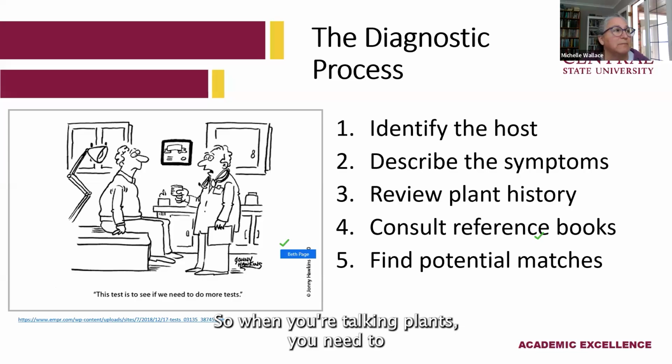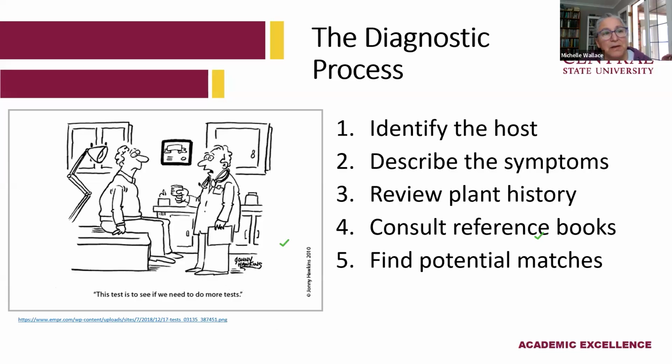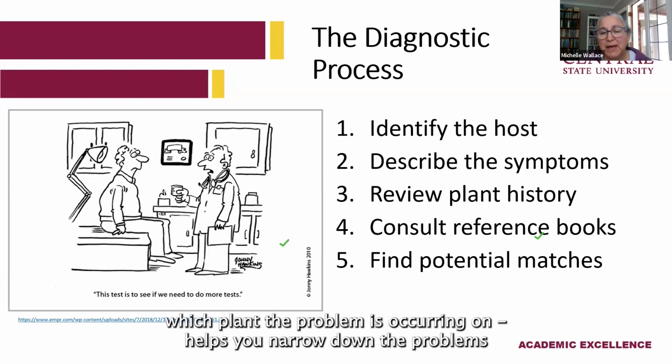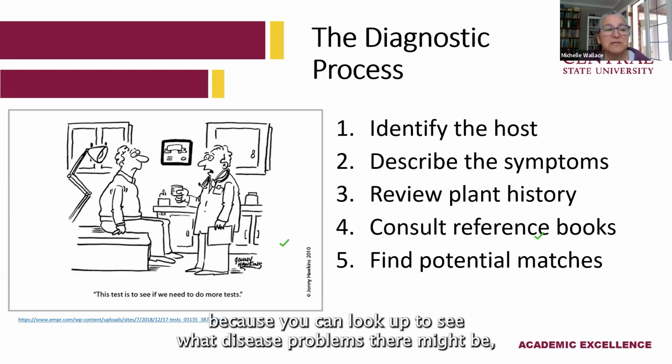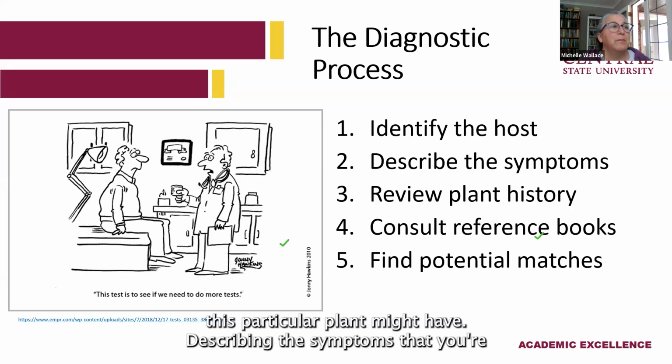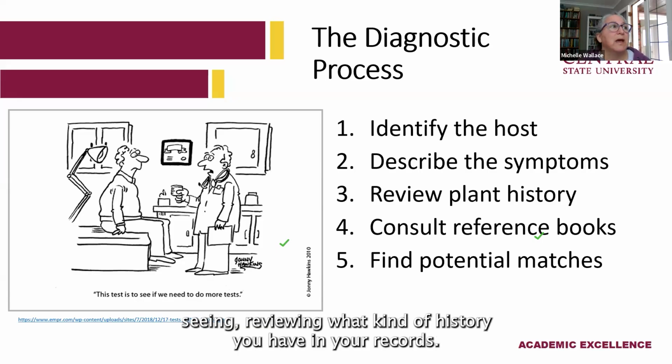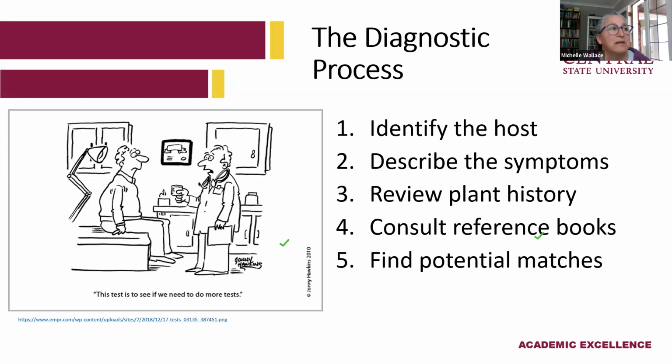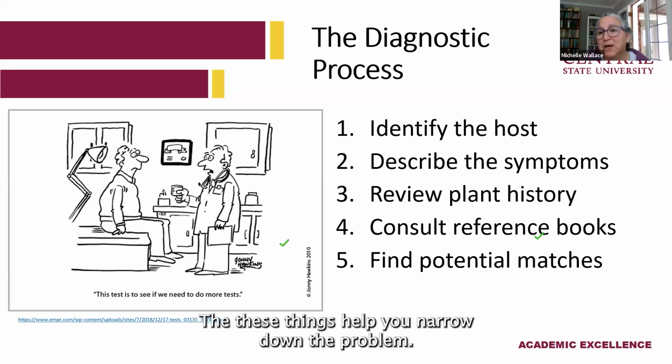So when you're talking plants, narrowing down which plant the problem is occurring on helps you narrow down the problems, because you can look up what disease problems and what insect problems this particular plant might have, describing the symptoms that you're seeing, and reviewing what kind of history you have in your records. These things help you narrow down the problem.